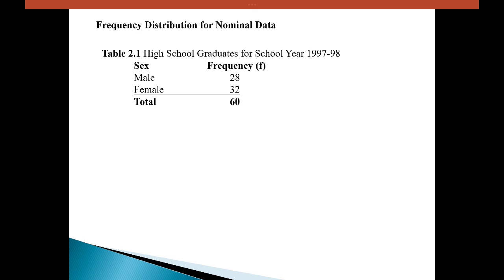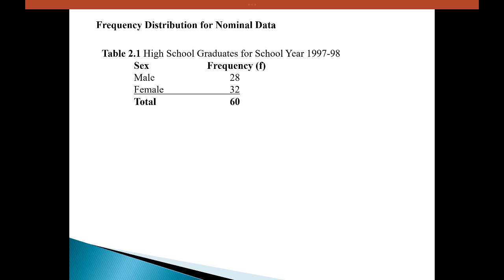Class frequency means the number of observations within that category. How many males are there in the high school graduates for school year 1997-1998? 28, so you put that 28 into the frequency column.